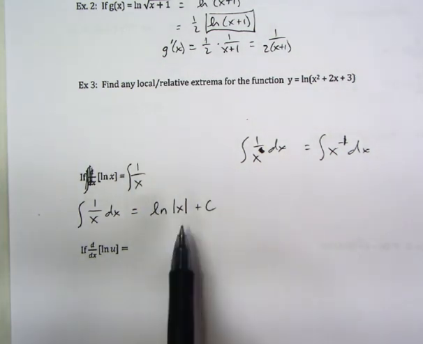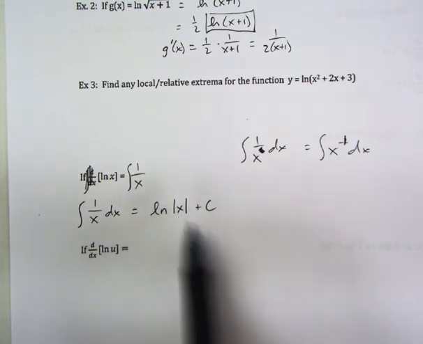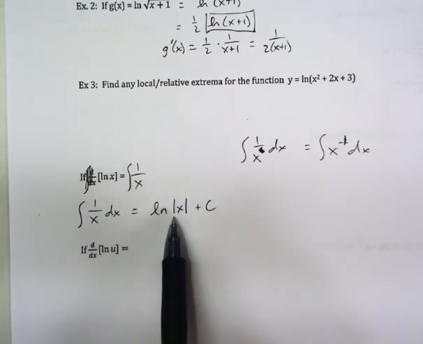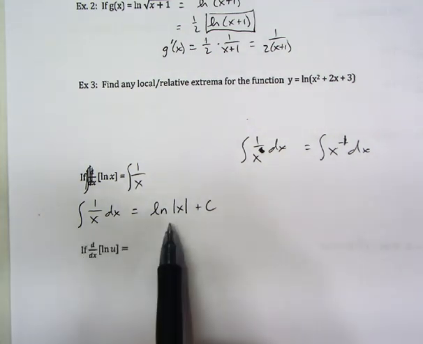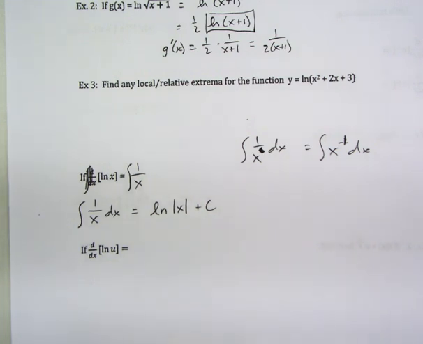The reason we have to put the absolute value on, and you're going to have to remember to put the absolute value on, is because you can't take the log of a negative number. So we put the absolute value here to account for that. You can't take the natural log of like -4. So that deals with that issue right there. So the integral of 1 over x is natural log of absolute value of x plus c.